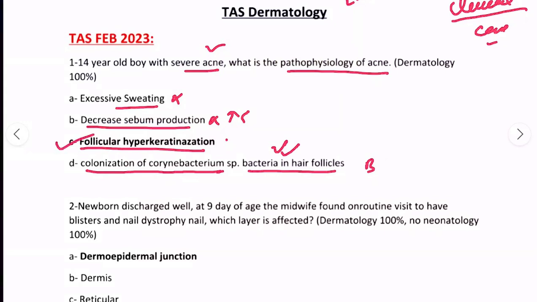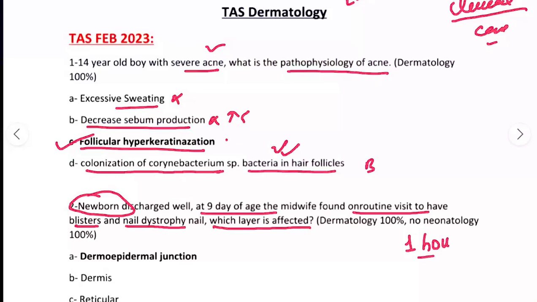A newborn discharged well at 9 days of age; the midwife found on routine visit blisters and nail dystrophy. Which layer is affected? In some of your AKP recalls, you will see a question about a newborn who is just 1 hour old with peeling skin and blisters. So is my diagnosis epidermolysis bullosa, or staphylococcal scalded skin syndrome?